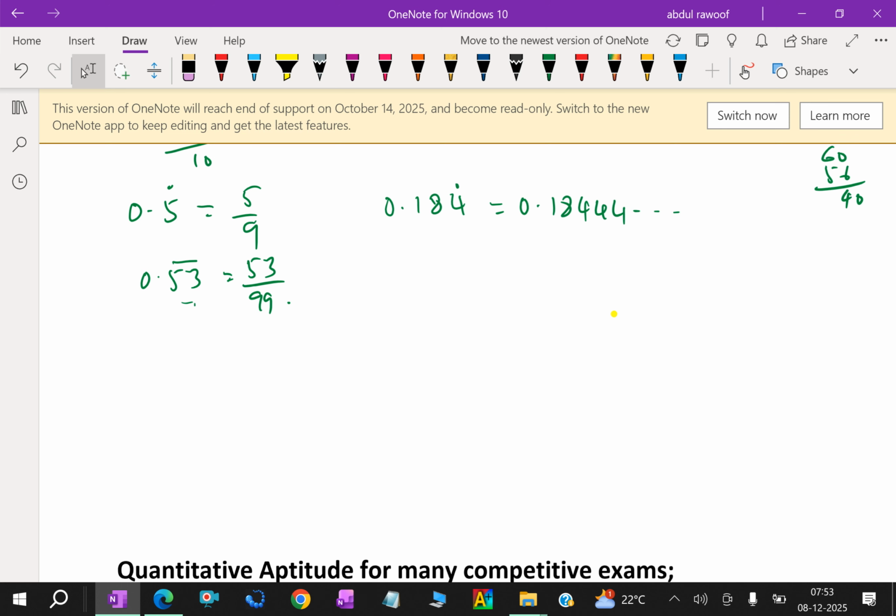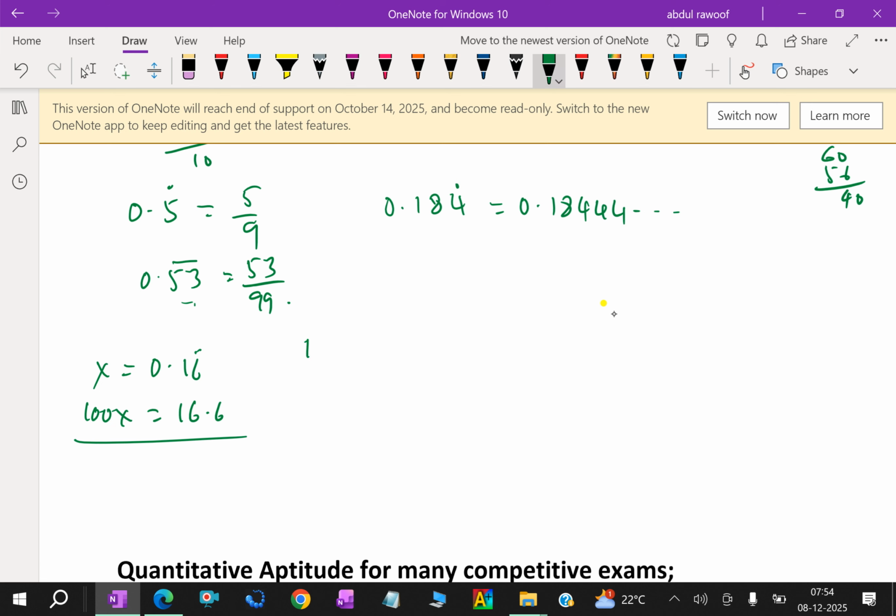About how to do this one, 0.16. How to convert this into a vulgar fraction? Put this number as x. Here, converting to 100x means the decimal will go like this, because 6 is recurring. Now subtracting both. I'm doing this wrong here.